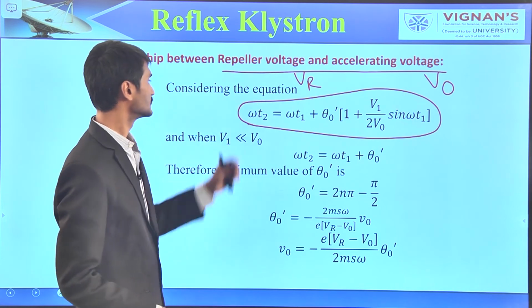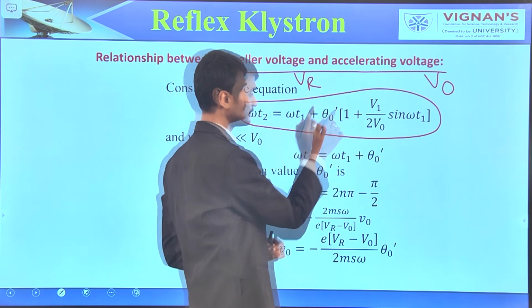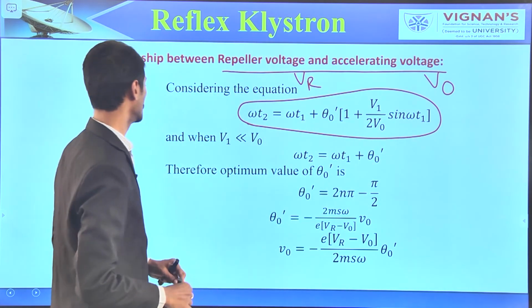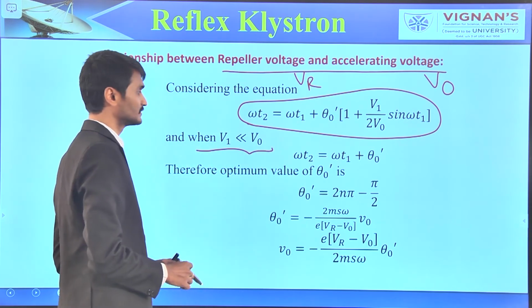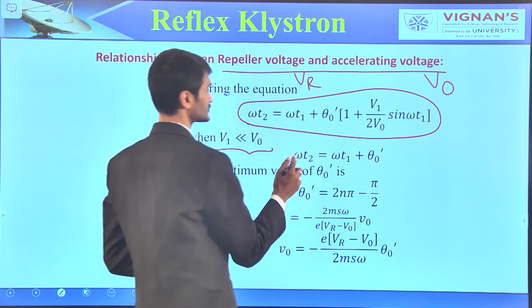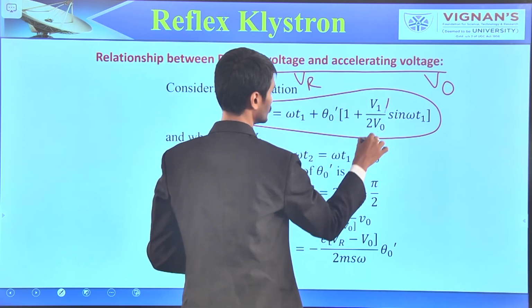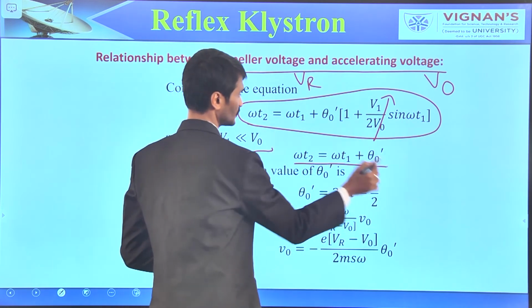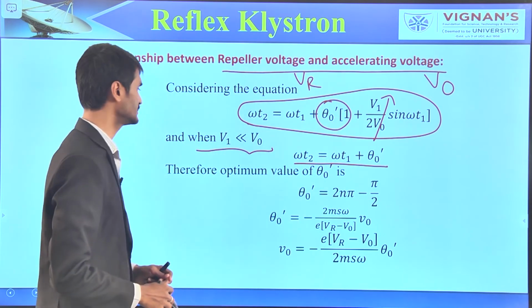That is, the transit angle omega T2 equals omega T1 plus theta naught prime into 1 plus V1 by 2 V naught sin omega T1. And we have the condition also: V1 is far less than V naught. So if V1 is far less than V naught, we can neglect this term, and now omega T2 equals omega T1 plus theta naught dash only, right.